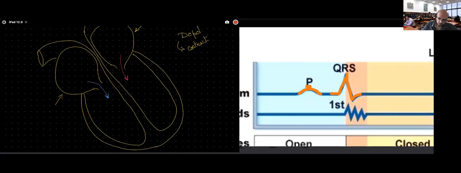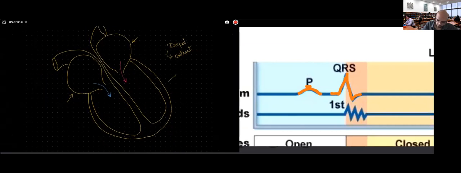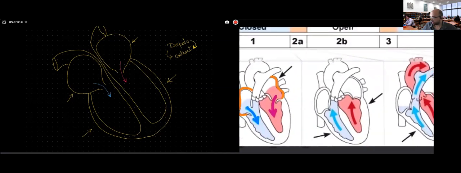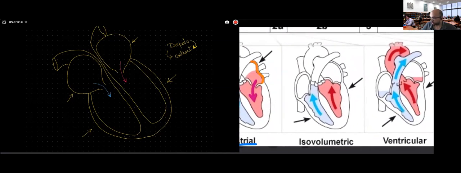They will start to depolarize. And as a result of any depolarization, what's going to happen, if you remember? You're going to be contracting. So what follows the QRS on here is going to be a ventricular contraction. The ventricles, as a result of the depolarization, will start to contract.